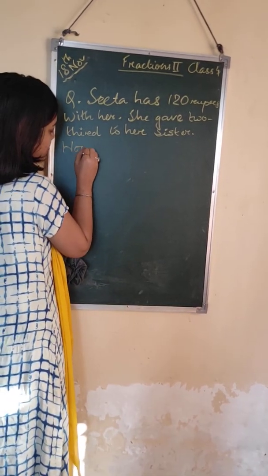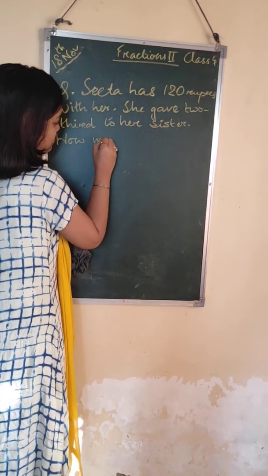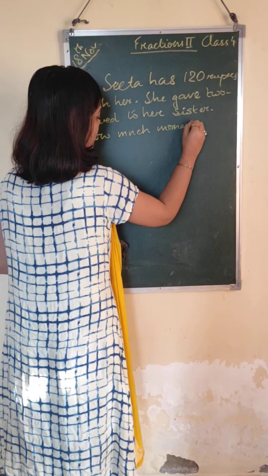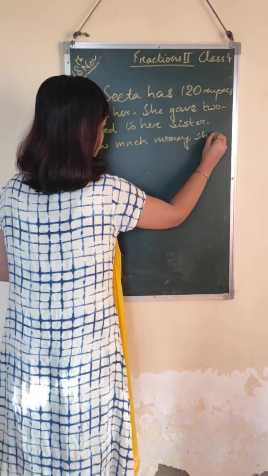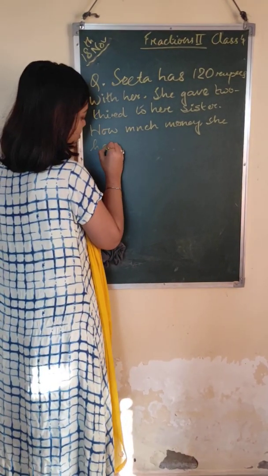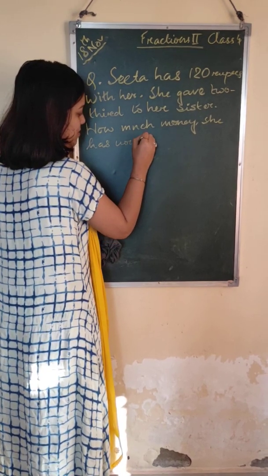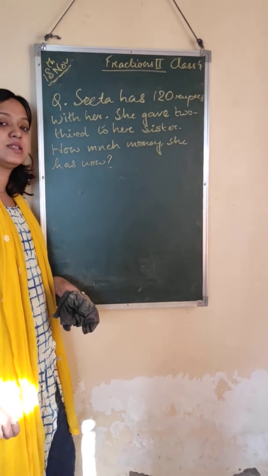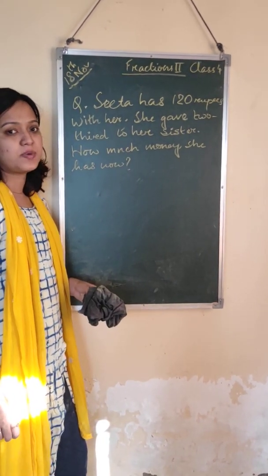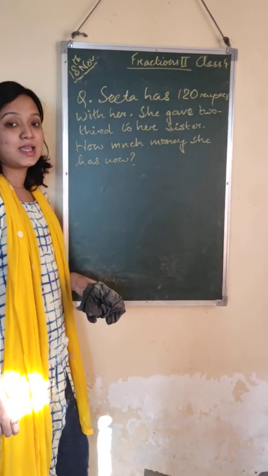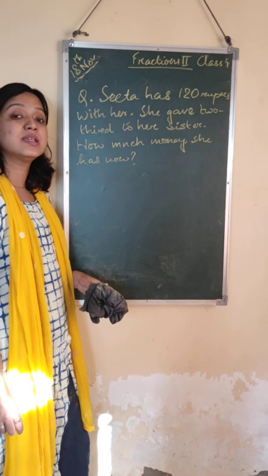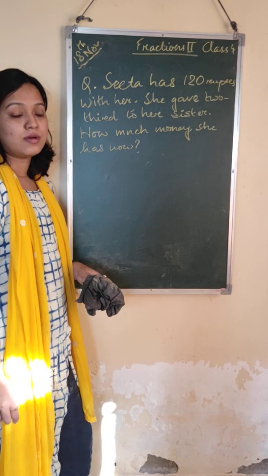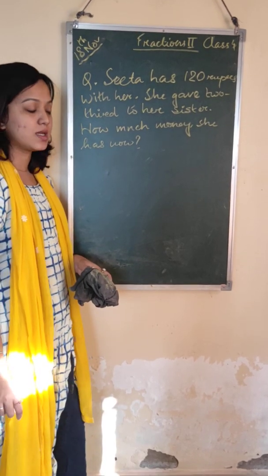How much money does she have now? There is a girl called Sita. She has 120 rupees with her, but she has given 2/3 of it to her sister. Now the question is, how much money is left with her?